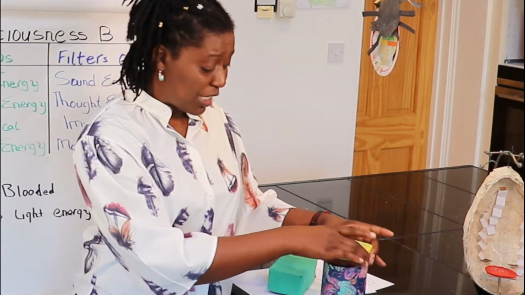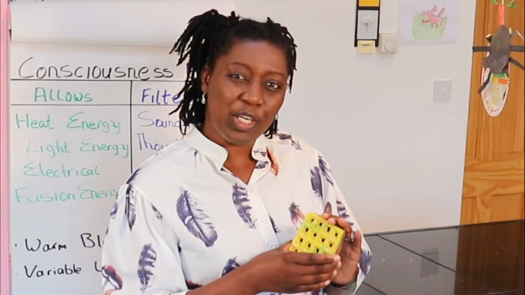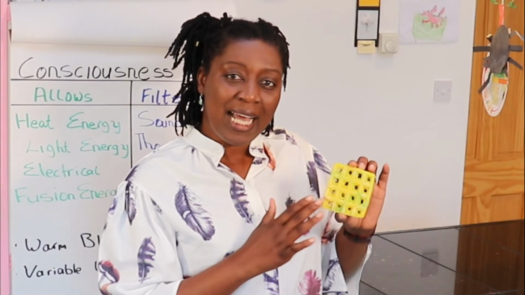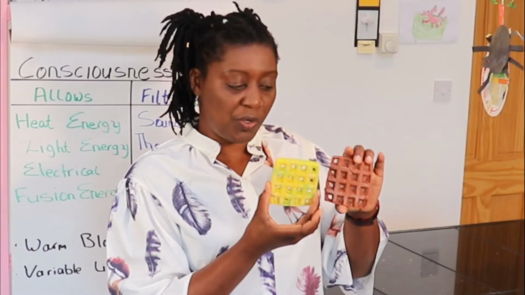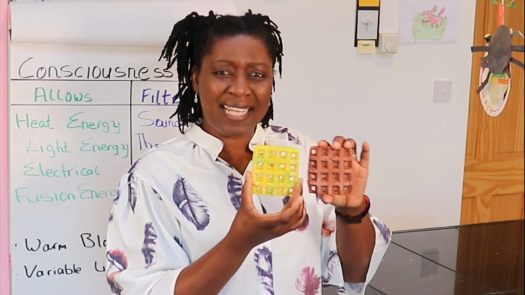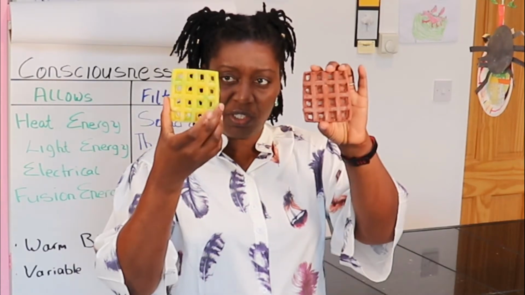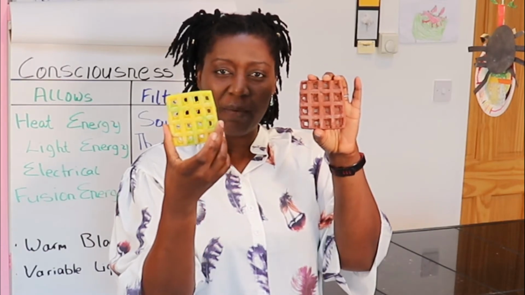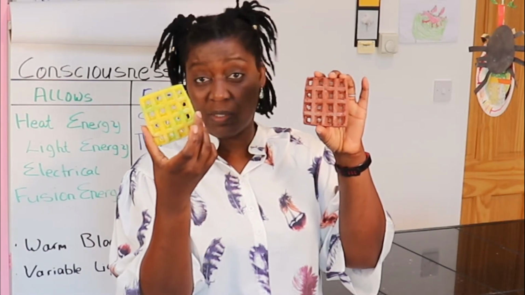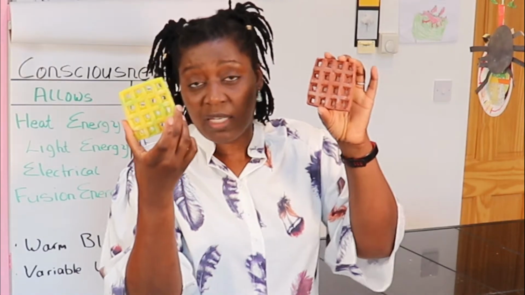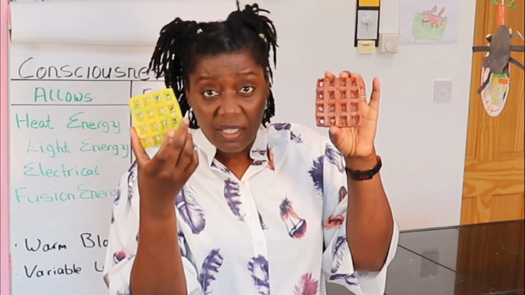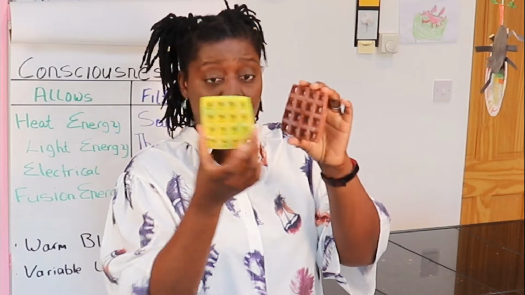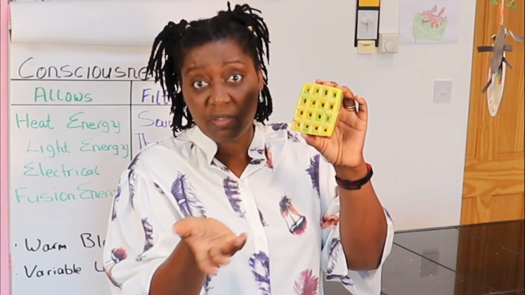This one is actually a square cuboid, more like a cuboid lattice structure. So a structure that has holes in it. Can you see the holes? Sort of like a mesh, filter mesh. That's where the name that I've given it comes from.